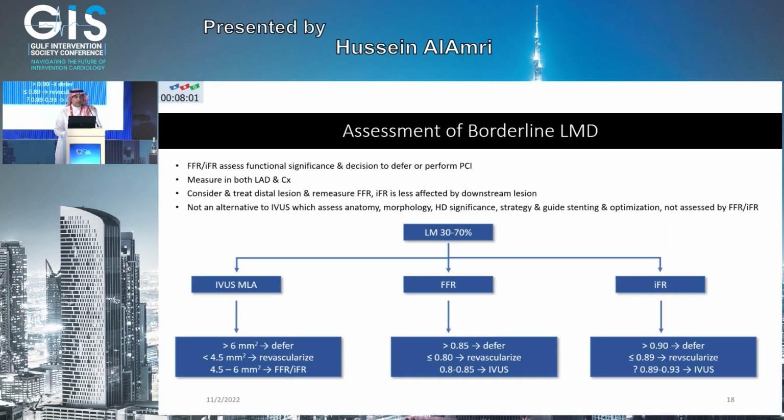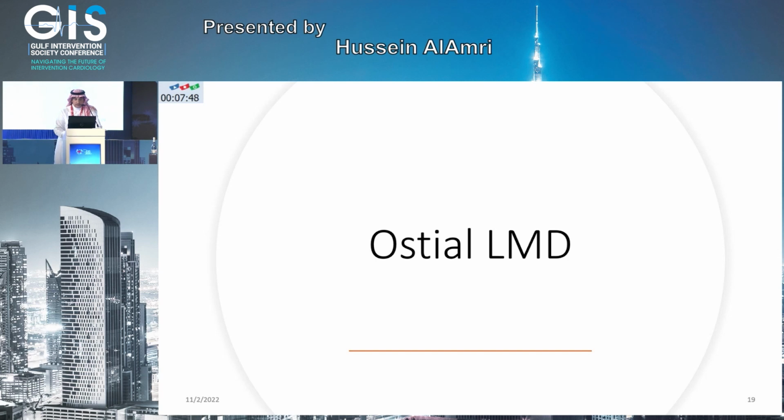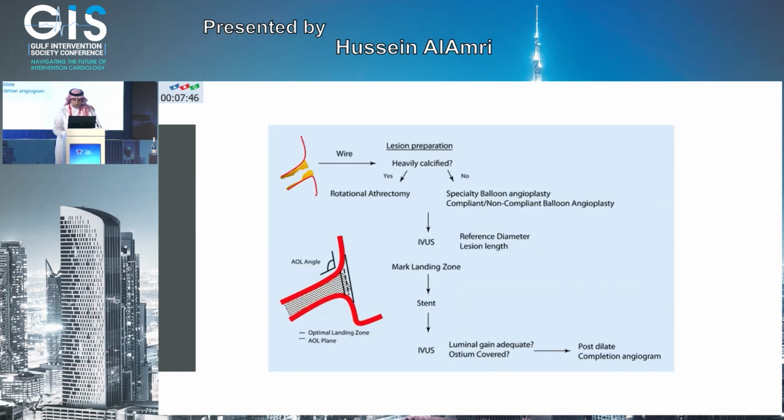So how to integrate all of them? You first assess the lesion, whether it is functionally significant or not, with IVUS and FFR. Then if you decide to treat, you go with IVUS-guided treatment. One of the lesions that we sometimes think is easy to treat is ostial left main.